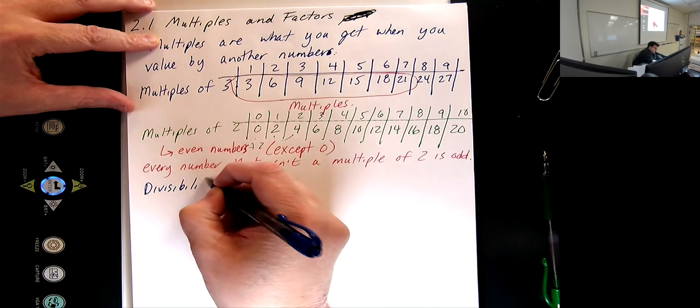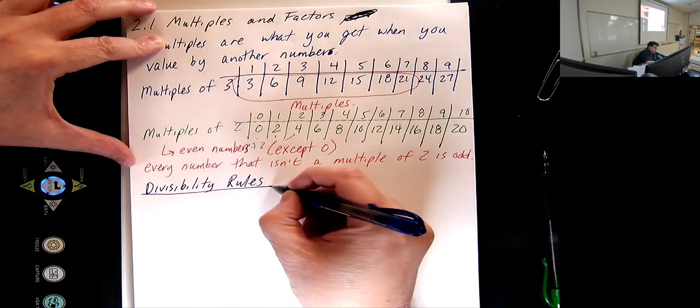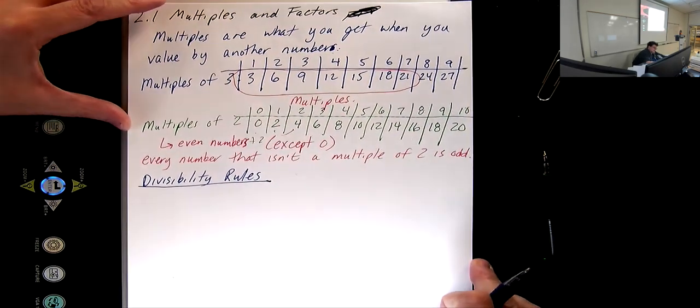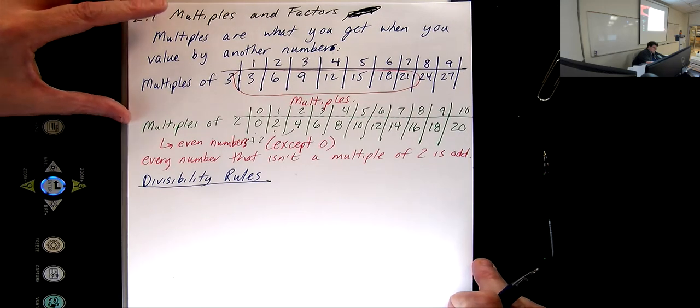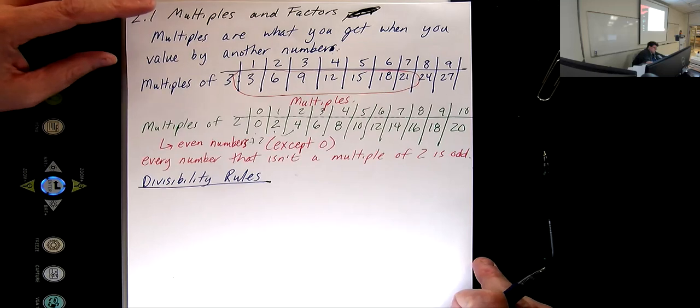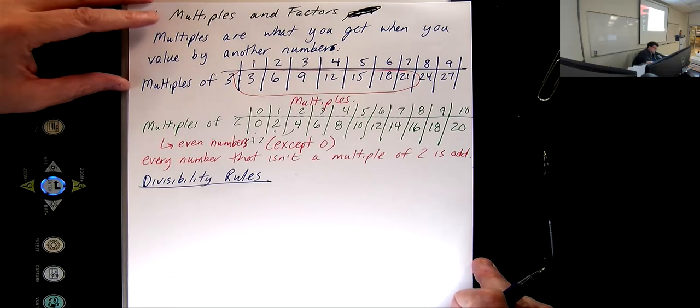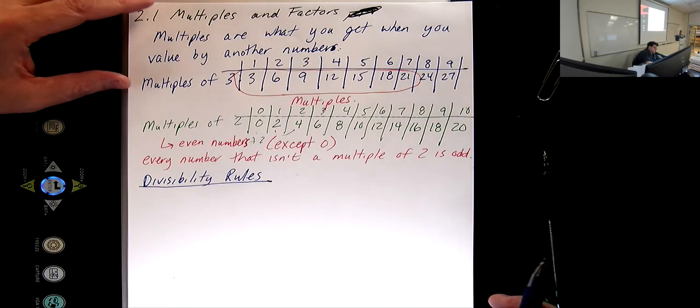If it's divisible by 2, it's divisible by 4, 6, and 8. That's not true at all. 6 is divisible by 2, but it's not divisible by 4 or 8. It's the other way around.